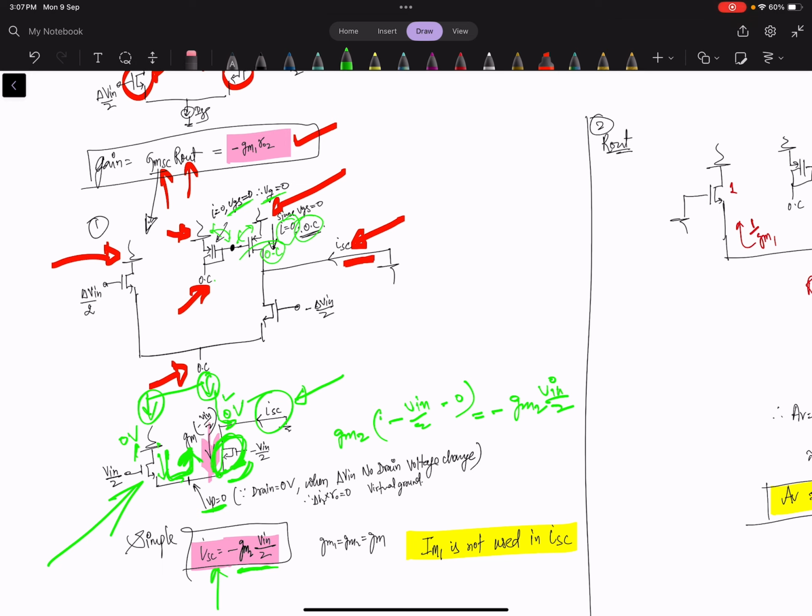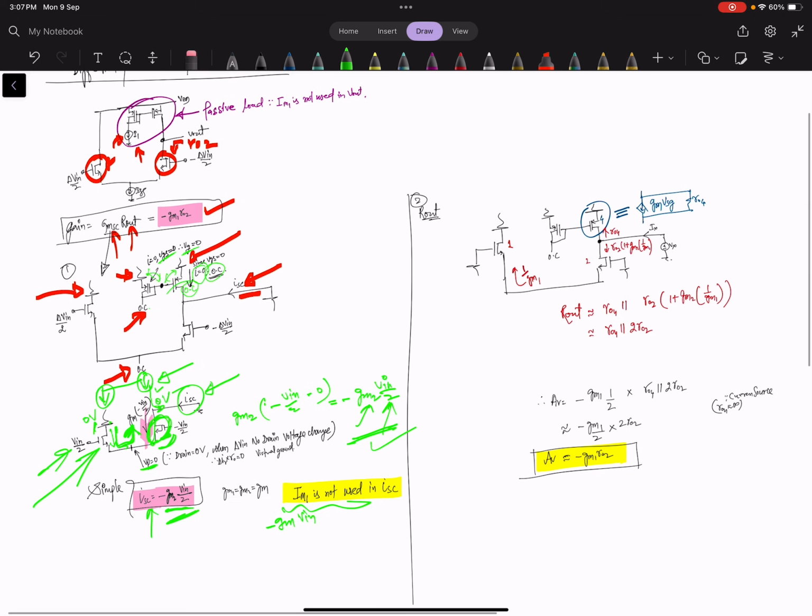So in the active current mirror we used to use the current from this in copy form and add this, and there we used to get Gm times V minus Gm times V. In the active current mirror, but here we are getting Gm times V by 2. So this is the short circuit current.